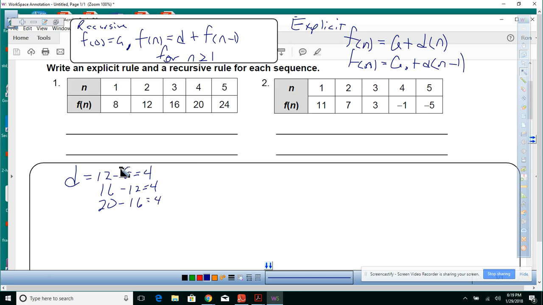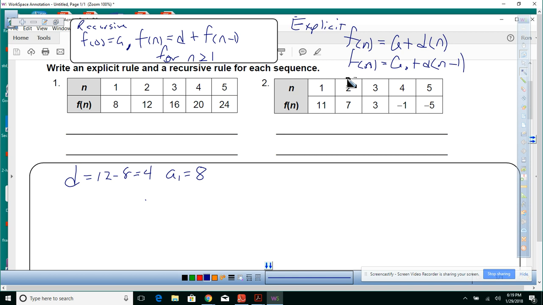So d is 4, not a problem. Second thing we need to know is what a is. Since it has a 1 there, we're going to say a sub 1 equals 8.